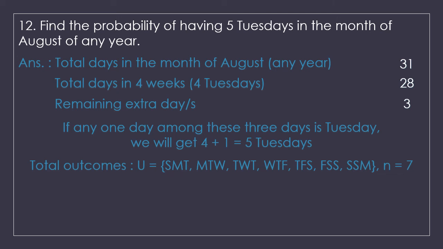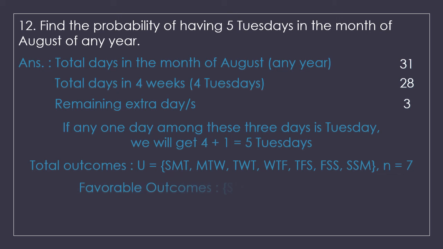What we need is a Tuesday, and when you check out these 7 outcomes, you can see that the Tuesday could be Sunday, Monday, Tuesday, it could be Monday, Tuesday, Wednesday, or it could be Tuesday, Wednesday, Thursday. So there are 3 possible outcomes which can give us a Tuesday.